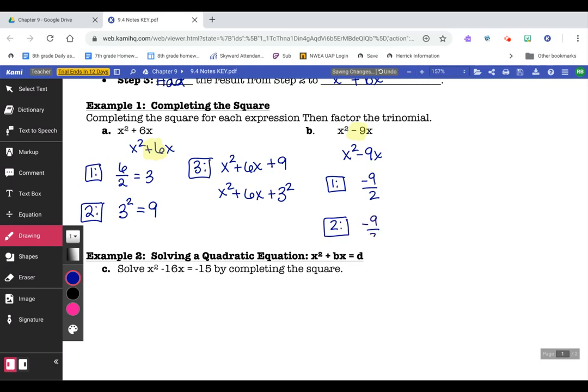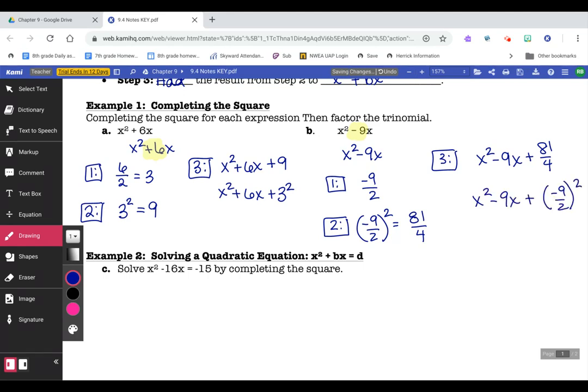So I have negative 9 halves squared, which gives me 81 fourths, because negative times negative will turn it positive. 9 squared is 81, 2 squared is 4. For step 3, we're going to add that to the x squared plus bx. So that's x squared minus 9x in this example, and we're going to add 81 fourths. Now, when I go to solve this, you may see x squared minus 9x plus negative 9 halves squared. And I'm going to keep it in parentheses because it's negative.